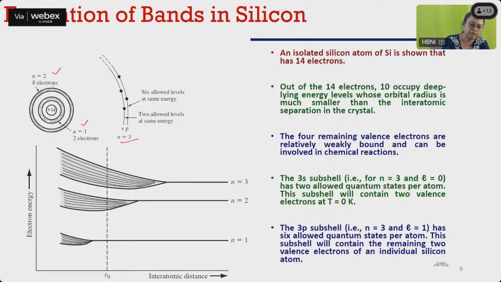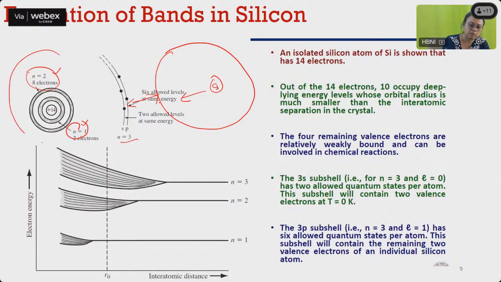The shells n equal to 1 and n equal to 2 are the core shells. When another silicon atom comes close, only the outer electrons will start affecting each other, whereas the core will be shielded. So these will not be affected by the other silicon atom.